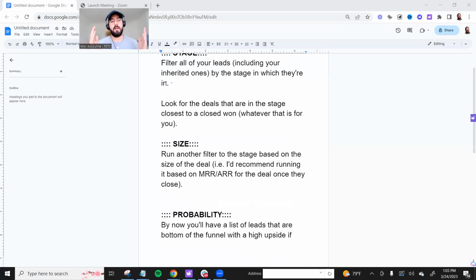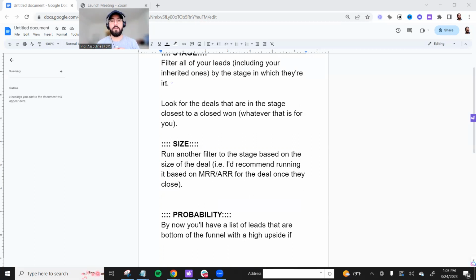The second is size. Run another filter on top of the original filter that you just ran, based on the size of the deal. I would recommend one of two options.